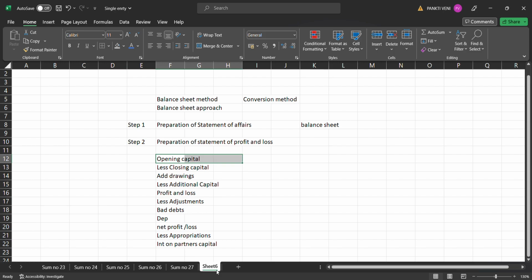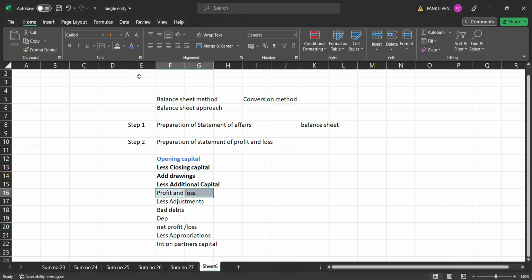So logically, you will have the opening capital given to you in the question. Opening capital, then you have closing capital, then add drawings, then less additional capital. If you have added any additional capital to your business, subtract that from your total workings, and you'll get profit and loss.